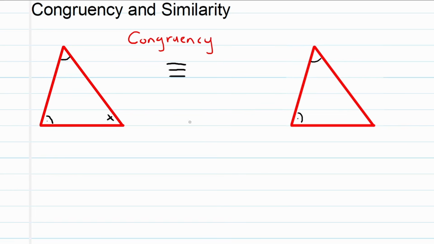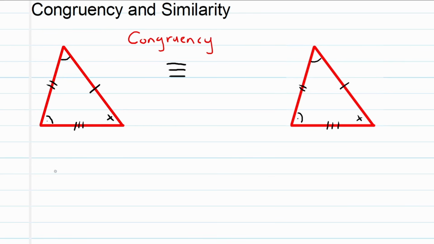And then the third angle is also equal to this one in its corresponding form. You will also notice that the longest sides are exactly equal. The second longest sides are exactly equal in size. And the third longest side, well, the shorter side, is exactly the same as the other shorter side. So these two triangles are exactly the same in all aspects.